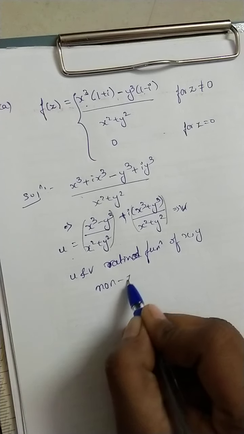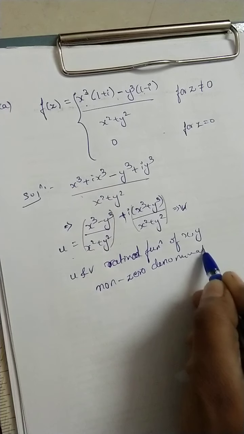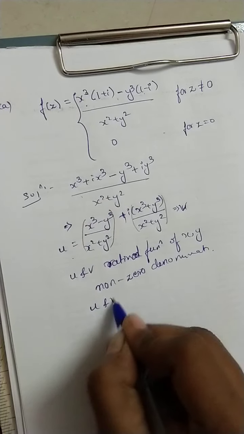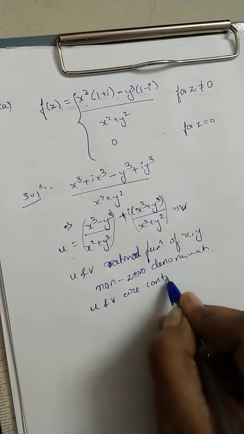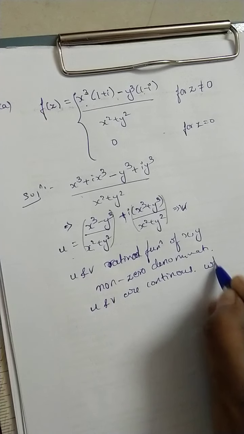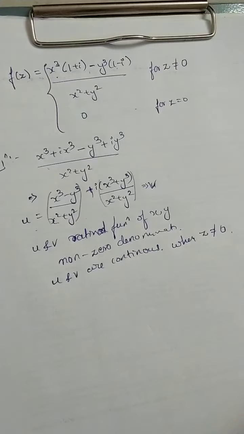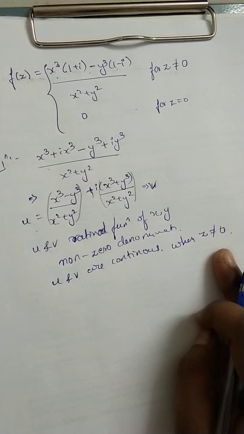So with a non-zero denominator, we can say that u and v are continuous when z is not equal to 0.